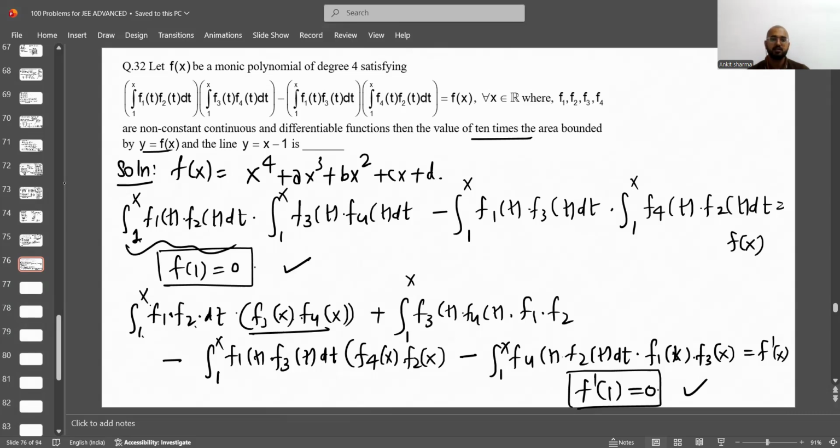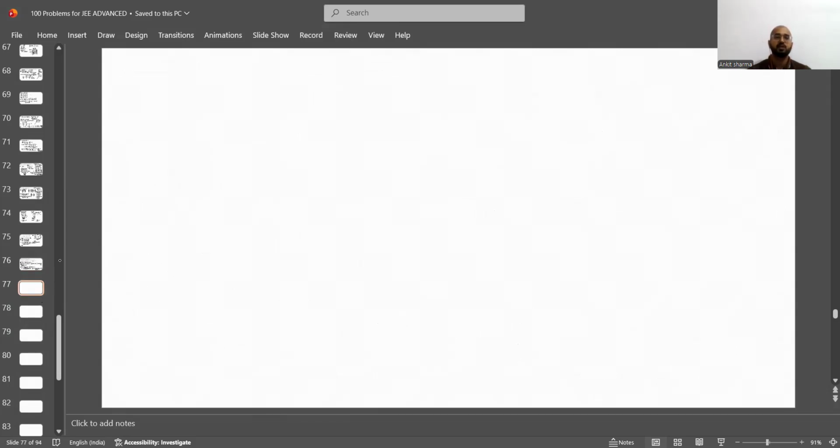The same story continues here, but with minus. So the first part left here, f1, f2, f3, f4, will get cancelled, and then the f1, f2, f3, f4 left here will also get cancelled. Again I'll put 1 in the double dash, so again 1 to 1, 1 to 1, all of them become 0. So basically, we get to know that f double dash of 1 is 0, and f triple dash of 1 is also 0.